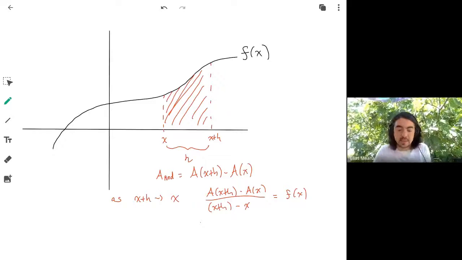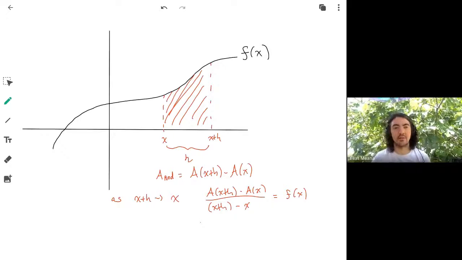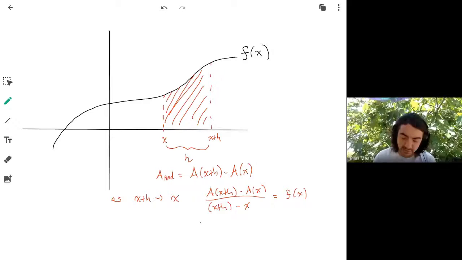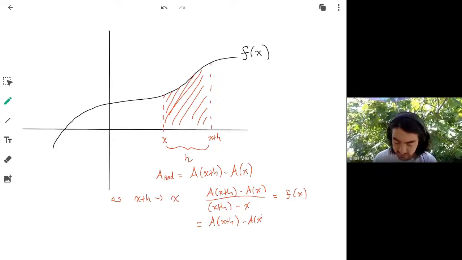Do you guys agree? It's the exact same thing I wrote down on the previous page, just with x's and x plus h's instead of a's and b's. Everybody okay with this? All right, so let's do a little bit of simplification. This is just the same thing as A of x plus h minus A of x divided by, well, the x's on the bottom cancel, so we're left with just an h.